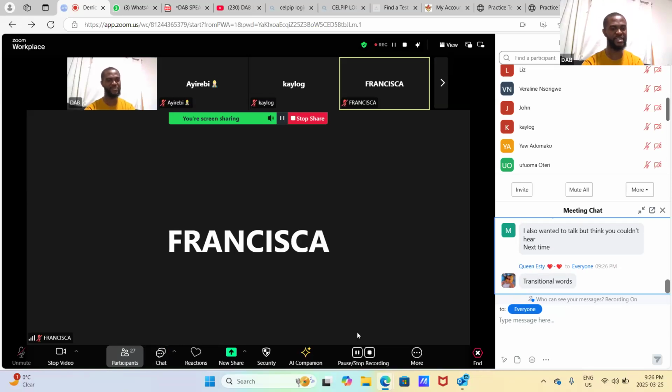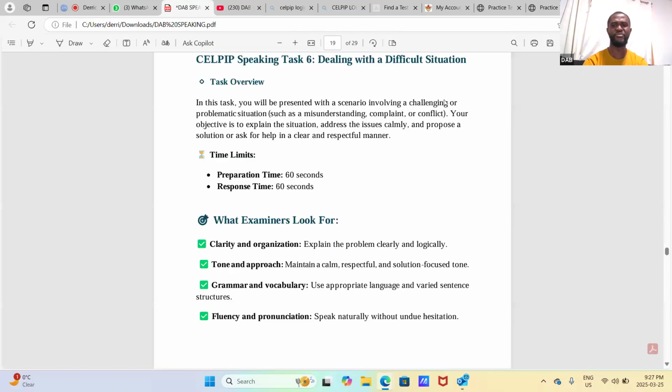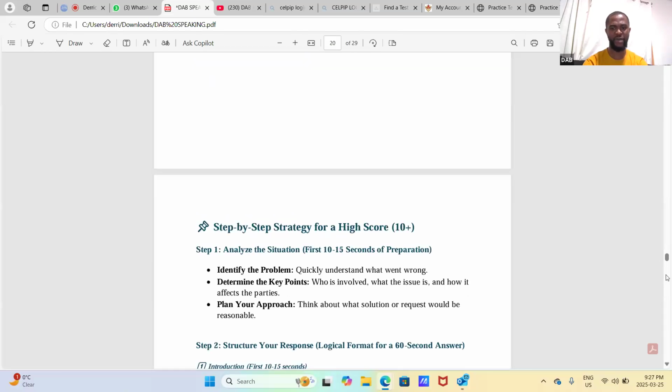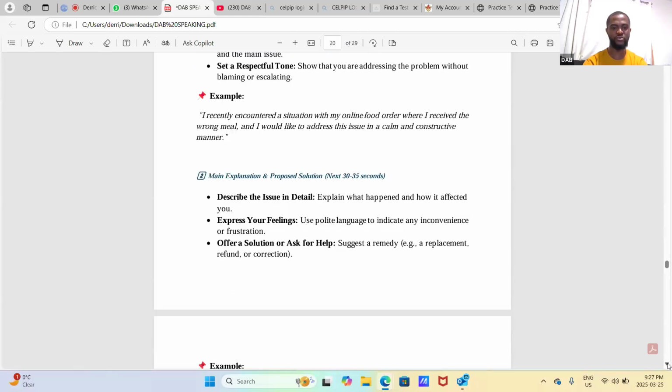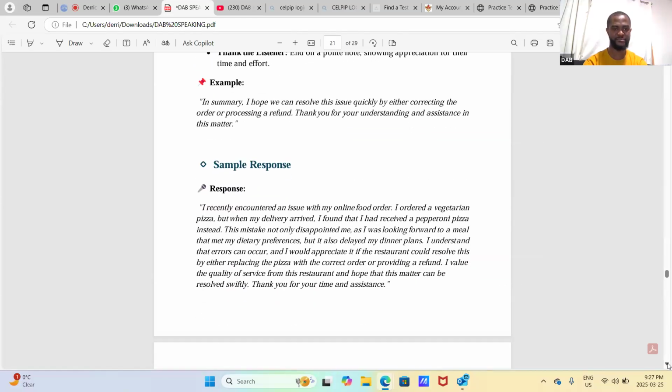So these are the tips for task 6. Let me scroll down again and then move on to the general tips.